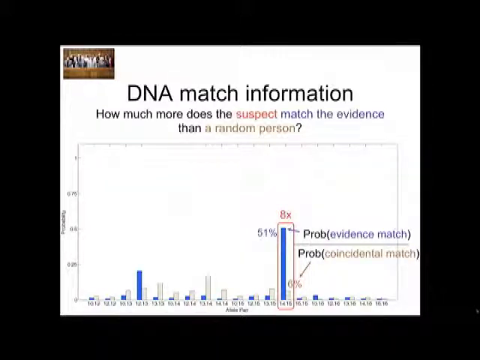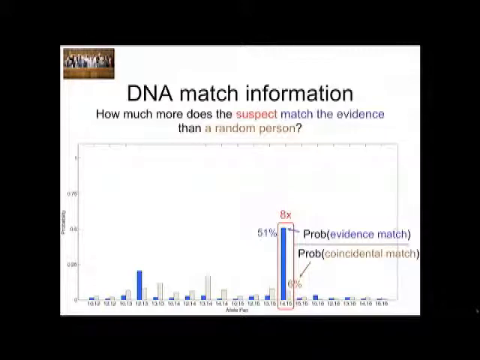So now we can compare the evidence genotype shown in blue with the random genotype shown in brown and move just to the spot where the suspect's genotype is, which is a 14-15. So if you think of that red bar as a slider, we slide over. We could stop anywhere depending on what the suspect's genotype or the victim's genotype would be, but we stop here at 14-15 because that's the suspect's genotype, and we ask, how much more does the suspect match the evidence than a random person?